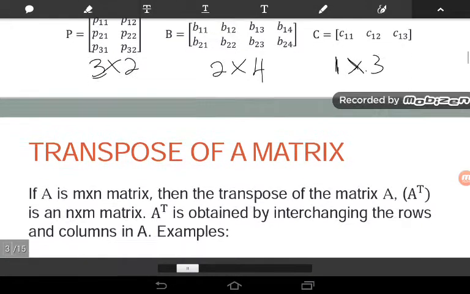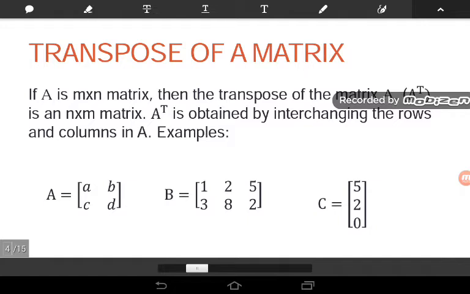Next, the transpose of a matrix. If A is an m times n matrix, then the transpose of matrix A, which we write as A^T, is an n times m matrix.